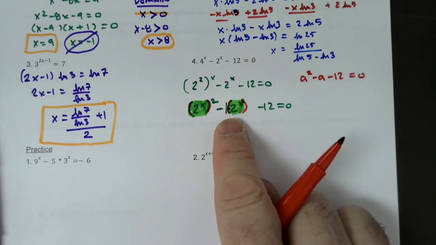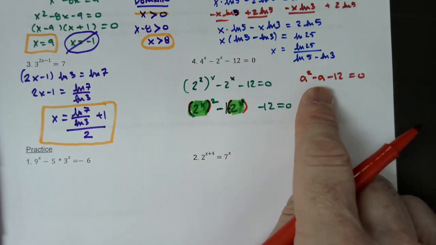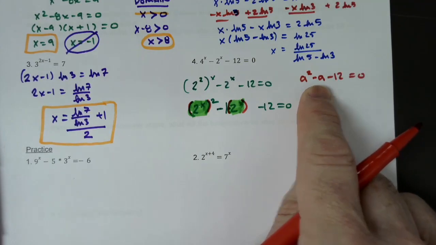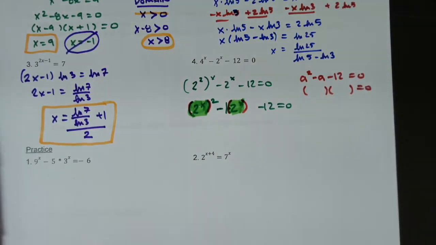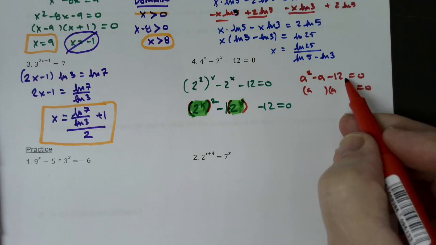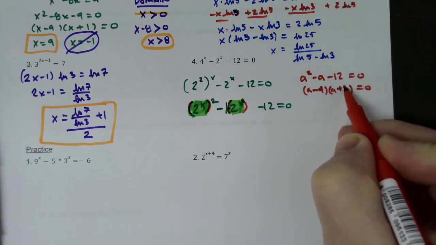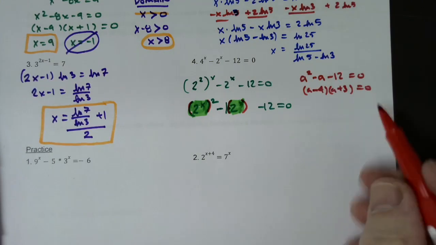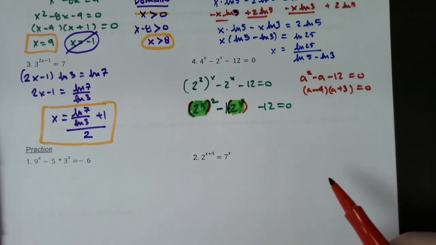This one I'm just subtracting, which we know if we had a problem like this way back in Algebra 1, we would solve it by factoring. And we'd put the a here and the a there, and then we know that a negative 4 times a positive 3 would give us 12, and a negative 4a plus 3a would give us the negative a.